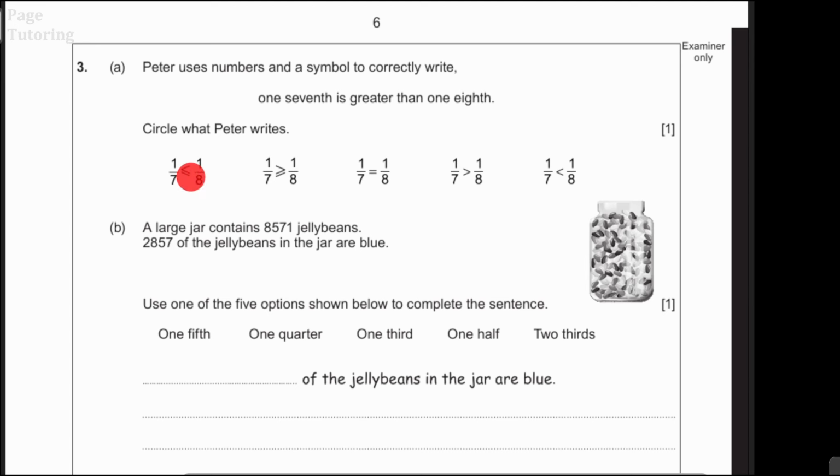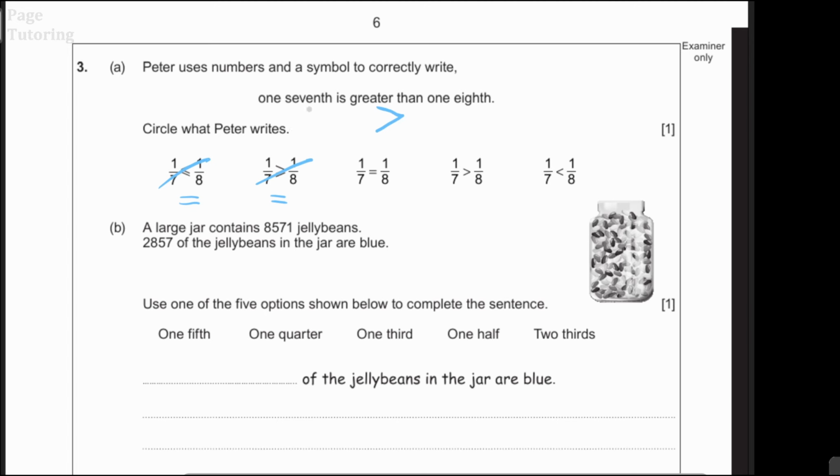And that little line underneath is to make it look very similar to an equal sign. That's because when it has a little line underneath, for example, this one on the left is eating the bigger number, saying 1/8, that means 1/8 is greater than or equal to. So we know it's not these ones because it's not greater than and equal to, it's just greater than.